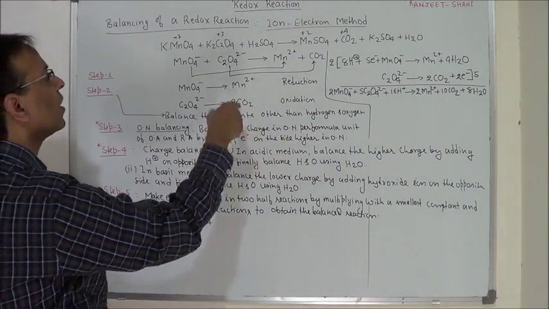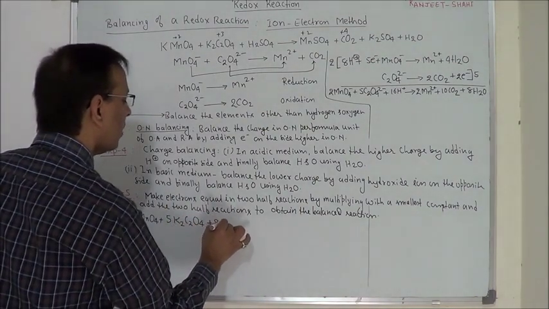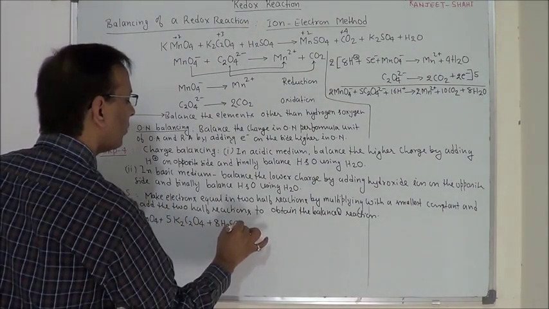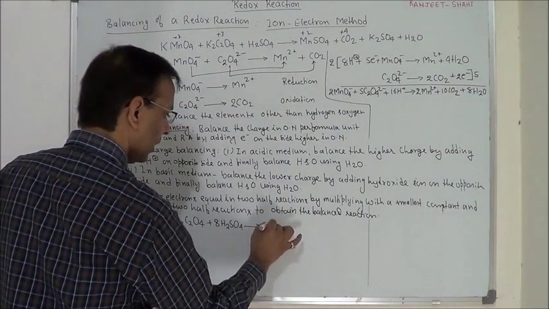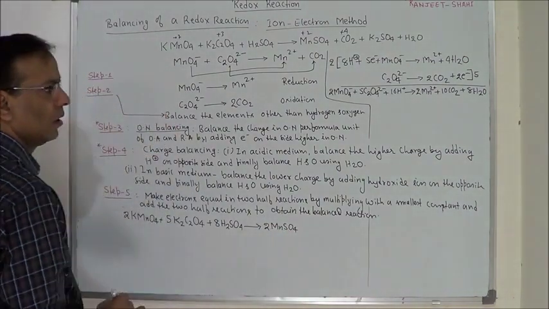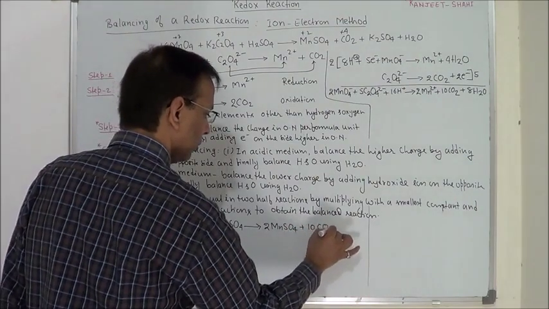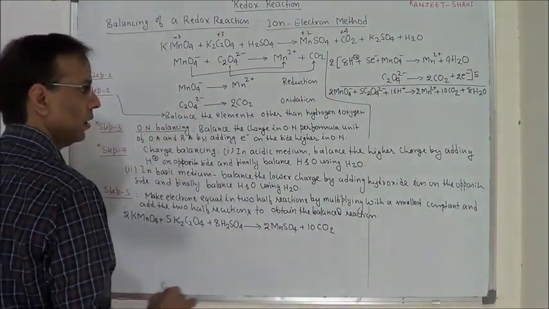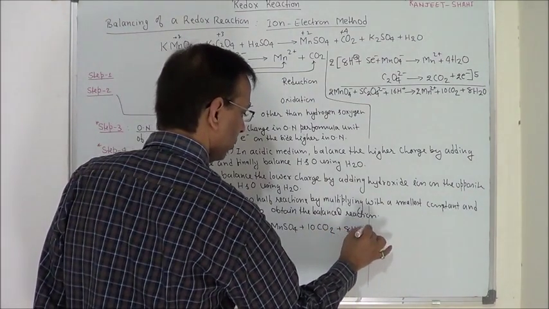The 16 hydrogen ions will come from 8 sulfuric acid. So 8H2SO4 gives 2MnSO4 plus 10CO2 plus 8H2O.